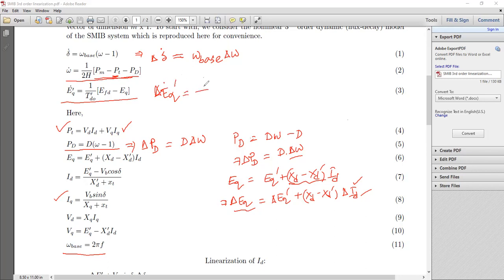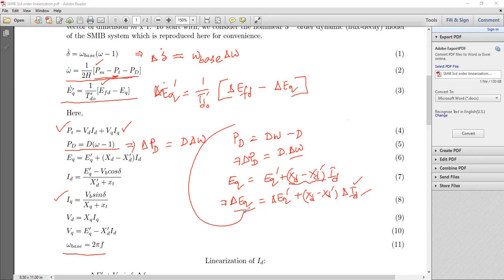Del EQ dot would be what? What is EFD? It's a state. Is it input or is it a constant? It's the input. Remember, we have two inputs, PM and EFD. So this would remain there. If it were constant, then it would have become 0 in the linearized version. But it is one of the inputs, so we have to keep it, minus del EQ.